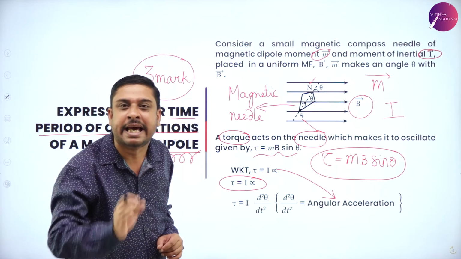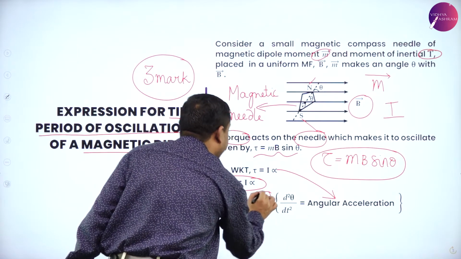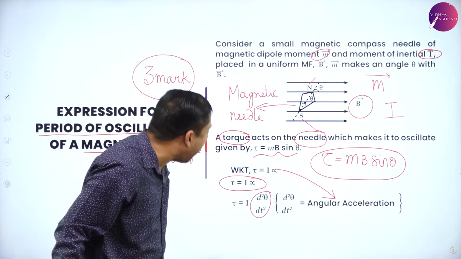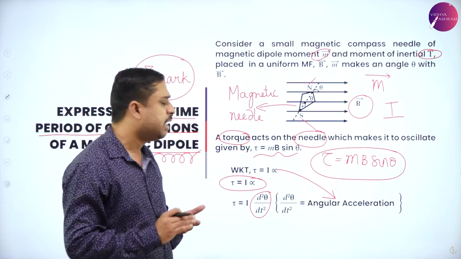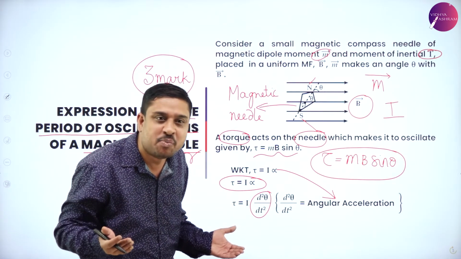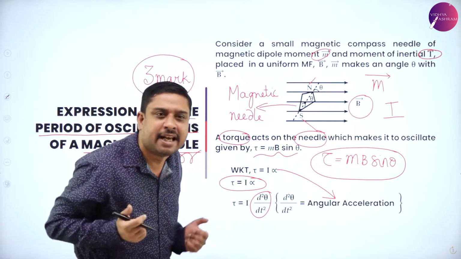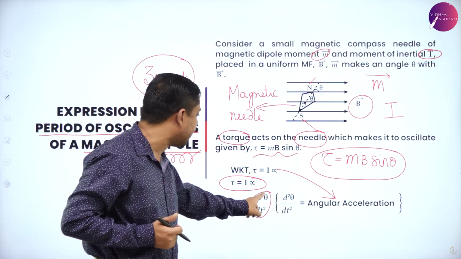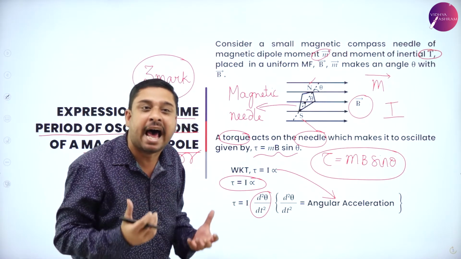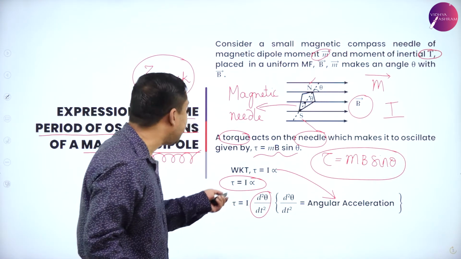Alpha is angular acceleration, which is denoted by d square theta divided by dt square. d theta by dt is angular velocity; double differentiation of the angular displacement should give you acceleration. So d square theta divided by dt square is alpha, what we call angular acceleration.